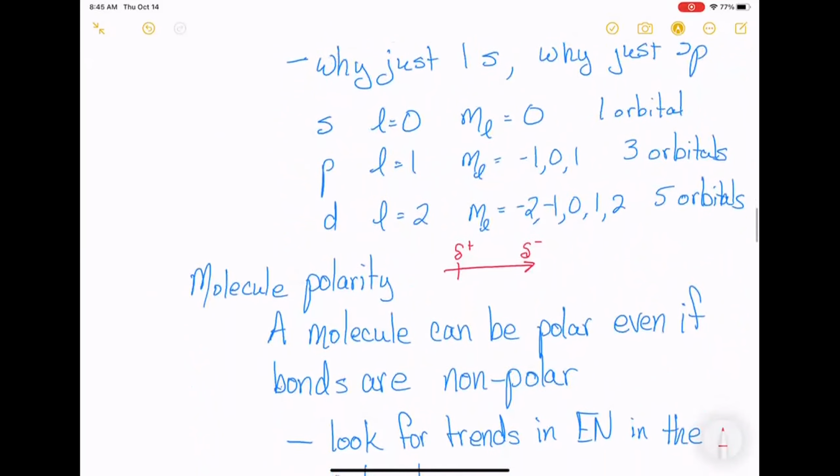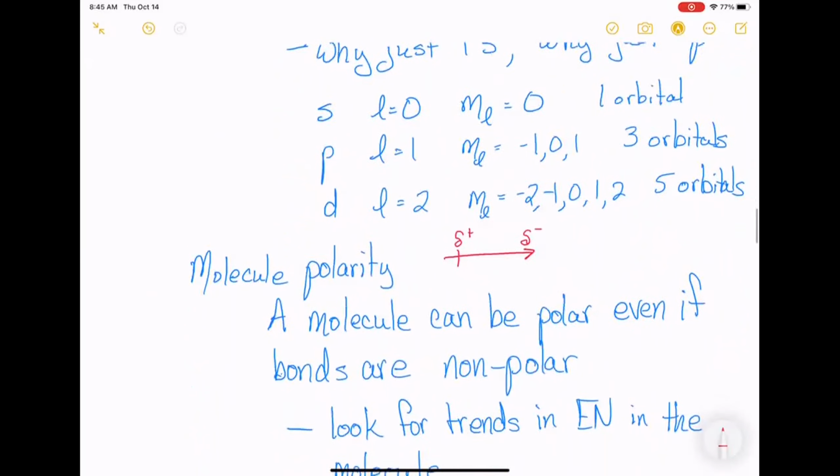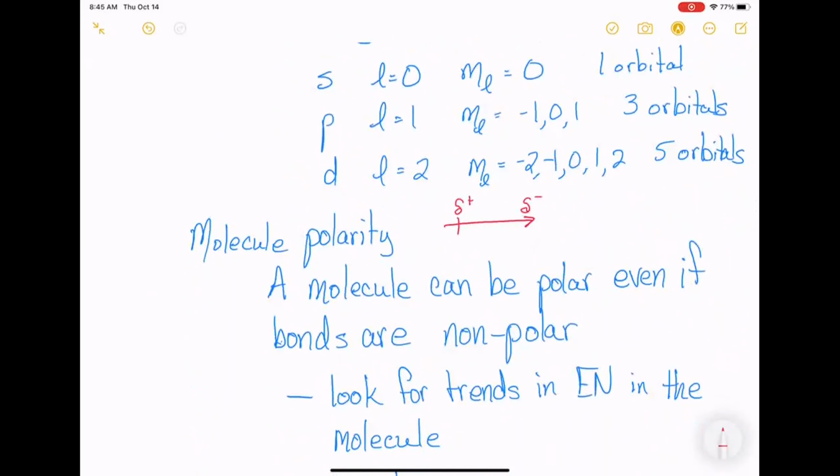So one thing that I did not put a video up for is molecule polarity. A molecule can be polar even if the bonds are non-polar. To determine whether a molecule is polar, we have to look for trends in the electronegativities of our molecule.